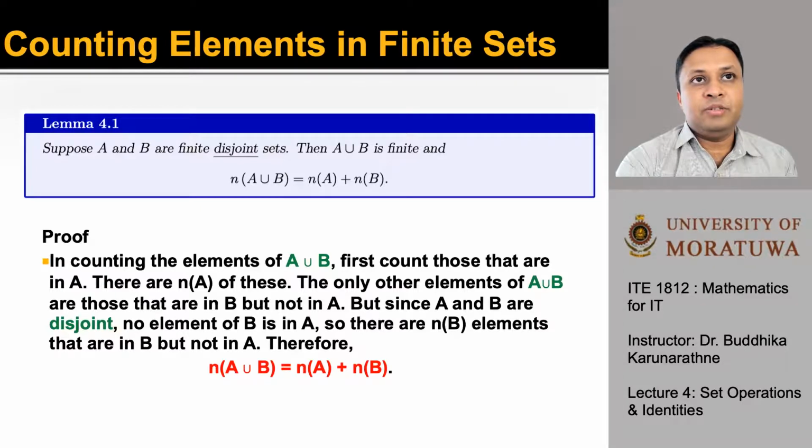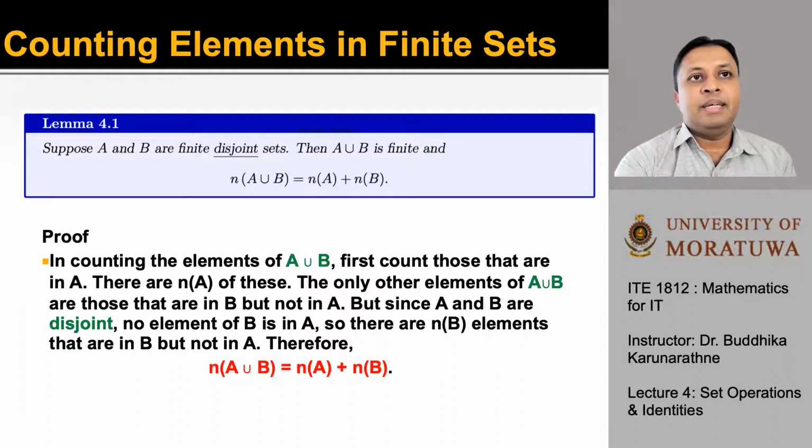For these two sets, the union of A and B is finite, and the number of elements of A union B is equal to the number of elements of A plus the number of elements in B. I think this is a straightforward representation. You can refer to the proof as well.